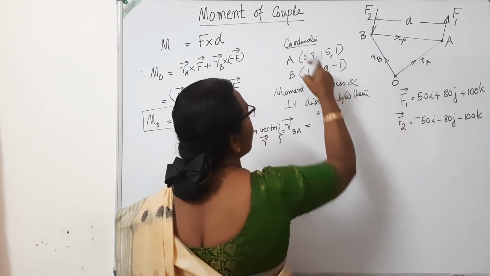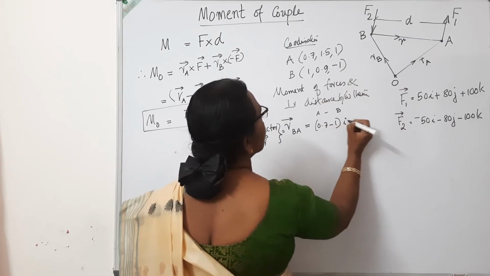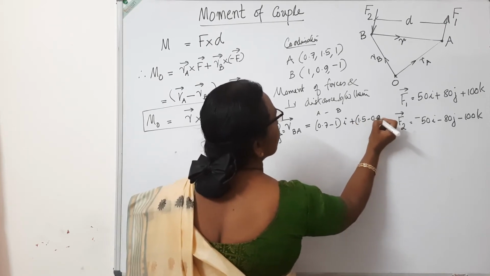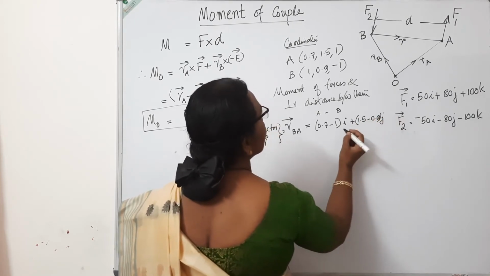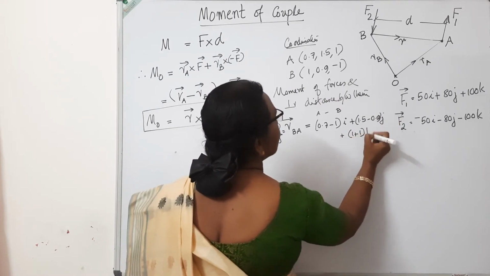So the coordinates of A: 0.7 minus 1 i plus 1.5 minus 0.9 j plus 1 plus 1 k.